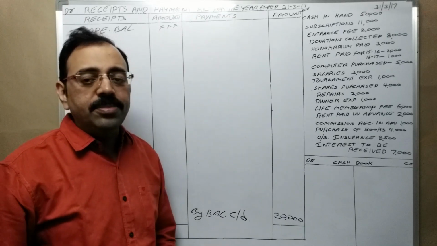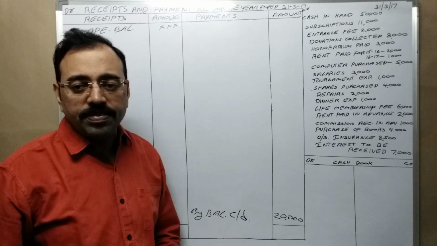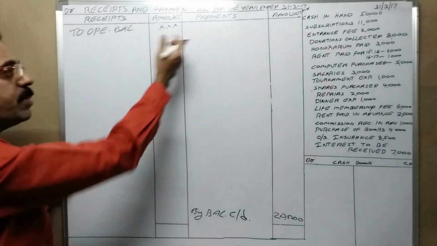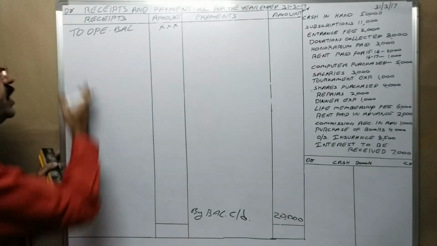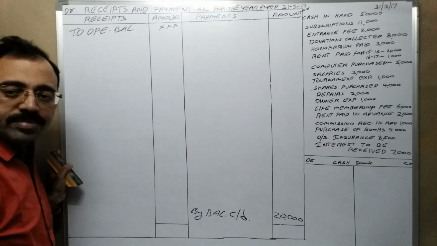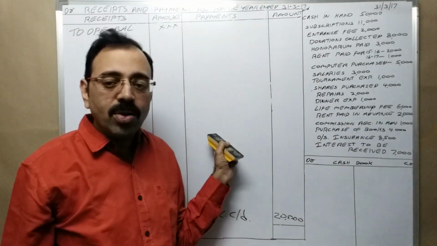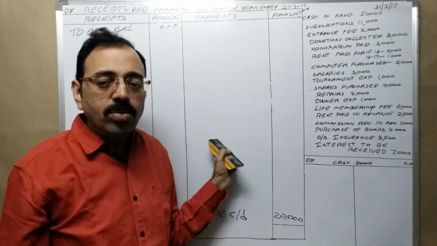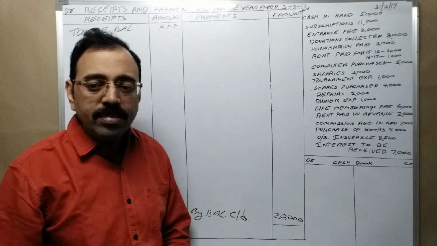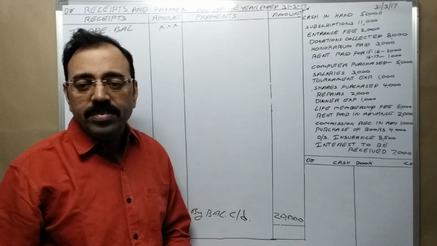Clear? The next point is, in receipts and payments account, date column is not there. Why? Because it is a part of final accounts. Final accounts, when we prepare at the year end.